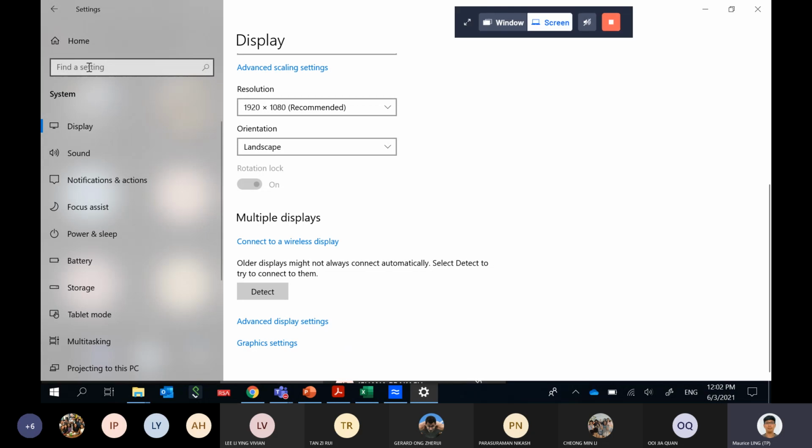Rotate. Where is it? Turn rotation on or off. Rotation clockwise is in gray. Flip.